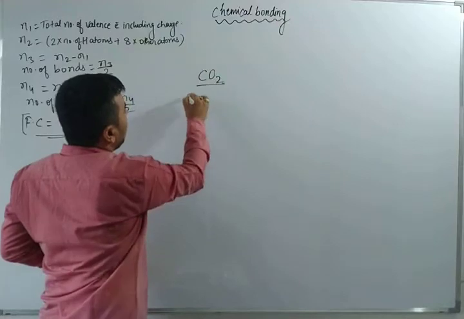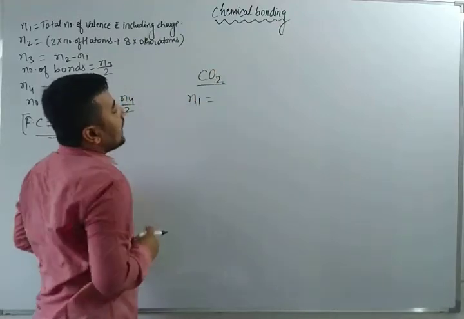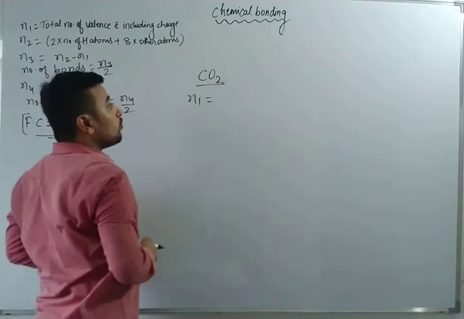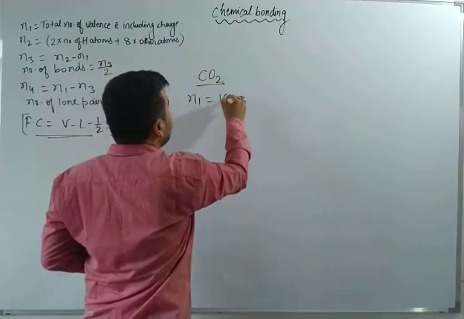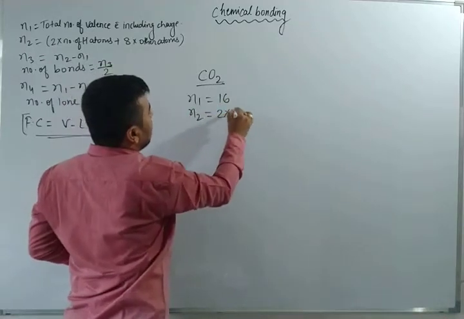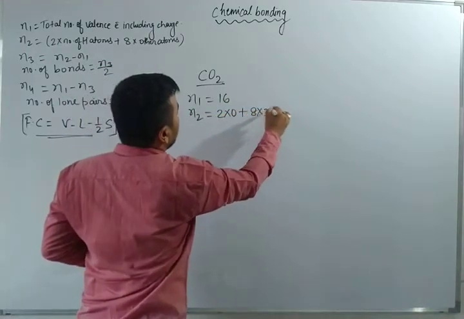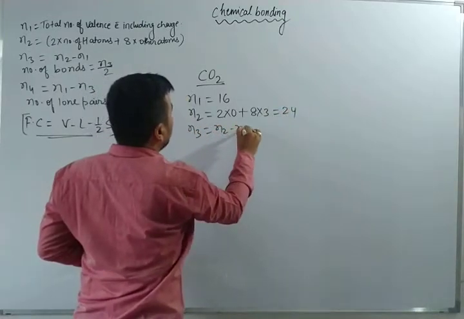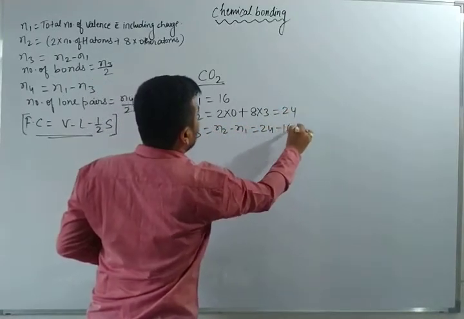Carbon dioxide, okay? N1, total number of valence electrons, carbon 4 and oxygen 6, 6 twos are 12, plus 4, 16. N2, 2 into hydrogen atoms 0, plus 8 into other atoms, 8 3s are 24. N3 is N2 minus N1, that is 24 minus 16, equal to 8.